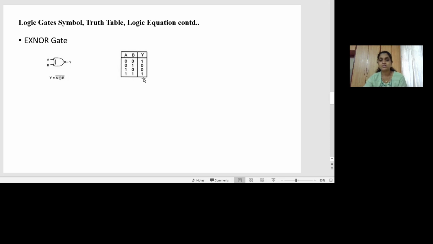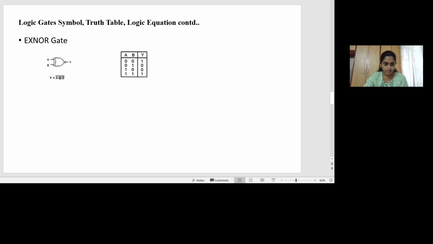In that case, the output of XNOR is 1. In other words, whenever the inputs have the same value, that is A and B have the same value, the output of XNOR gate is 1.